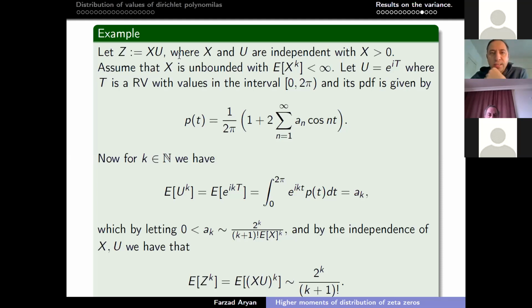The difference is, if you want to make an analogy with the polynomial I mentioned, the logarithmic derivative, the large part, the part that makes my random variables large, is completely independent of the oscillatory part.